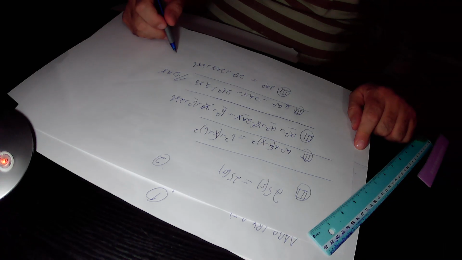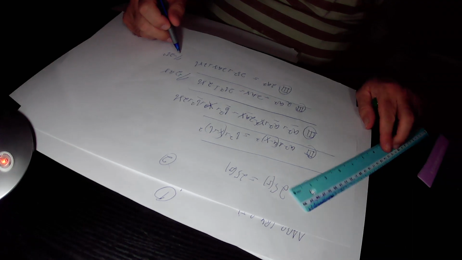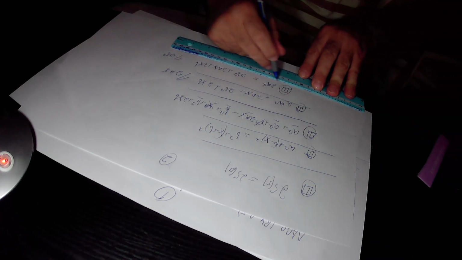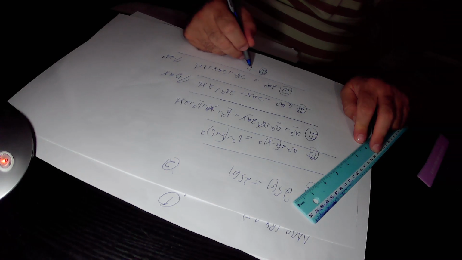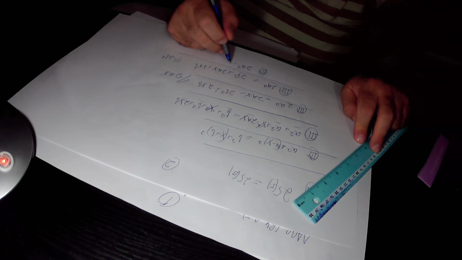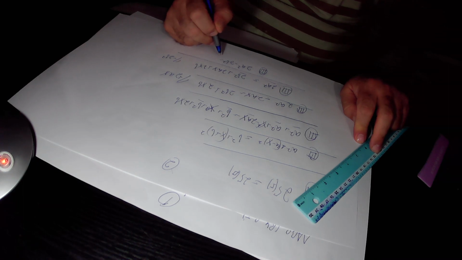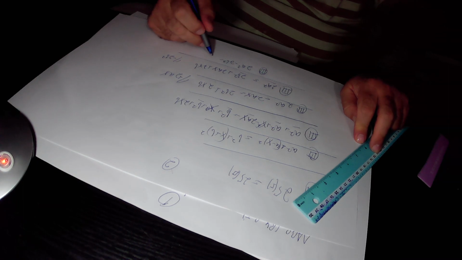Here we subtract 2b squared from this equation, and you get that according to equation 3, 2a squared minus 2b squared equals 2ax plus 2xb.